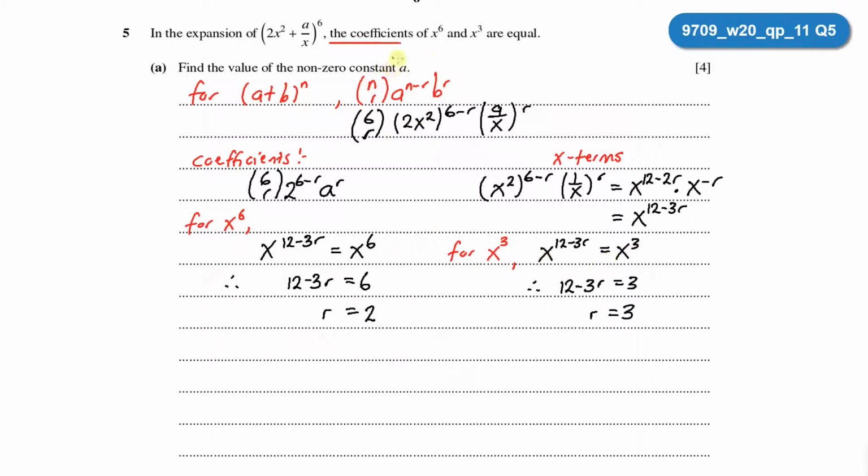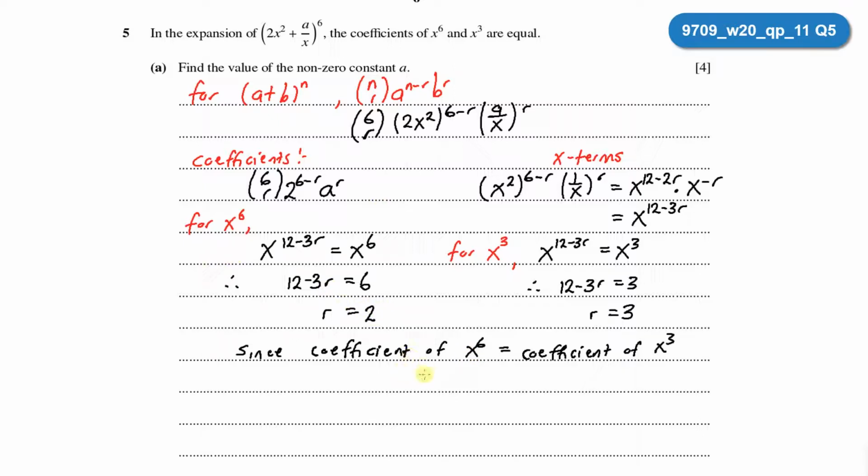According to the question, the coefficients of x to the power of 6 and x cubed are equal. So we're saying, since the coefficient of x to the power of 6 is equal to the coefficient of x cubed, then the coefficient of x to the power of 6 occurs when r is equal to 2.